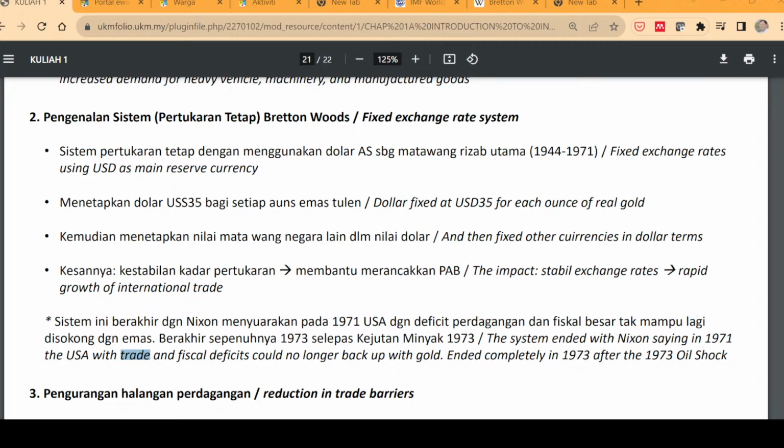Trade deficit is because of everyone, not only the government, consumers as well. Import is larger than export. That's a trade deficit. Fiscal deficit has got to do with the government only. Government expenditure is bigger than government revenue.